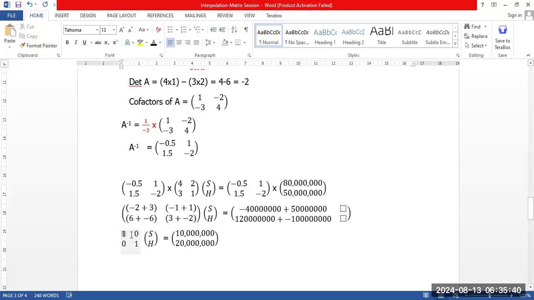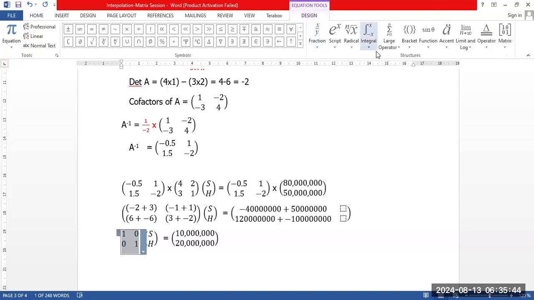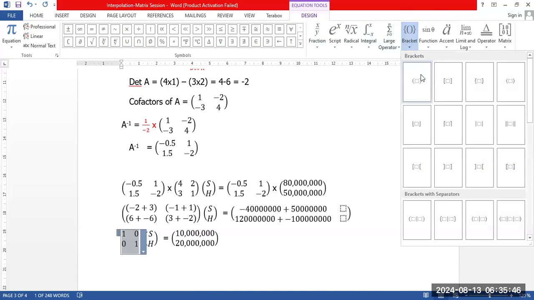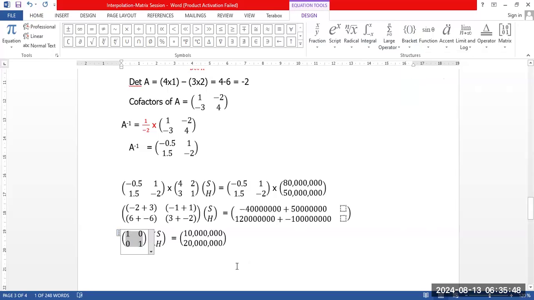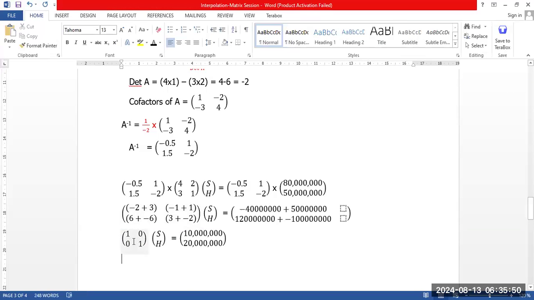So this implies that basically, if you open this matrix, if you open this times this, it means that your S will be the first figure up, 10 million.